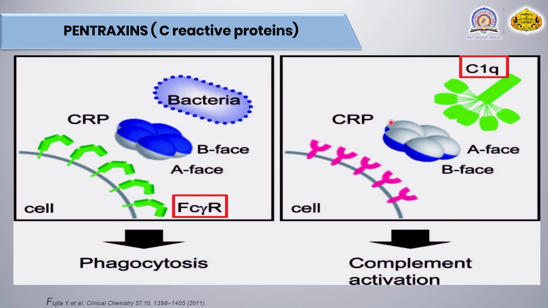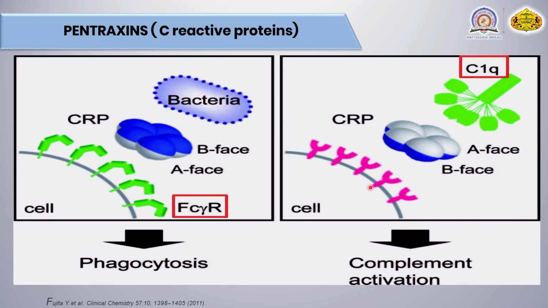Or in this other picture here, these pentraxins, which are C-reactive protein and are secreted here, also have the binding site to C1q, the first component of the complement in the classical pathway. So this binding itself is responsible for the activation of the complement.